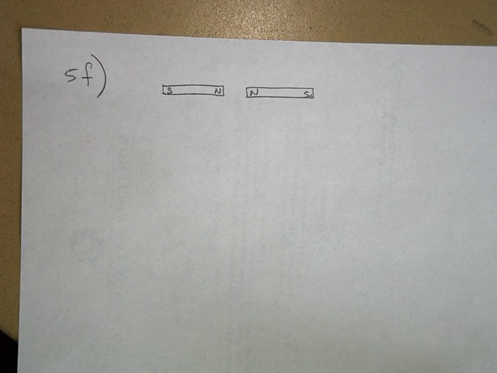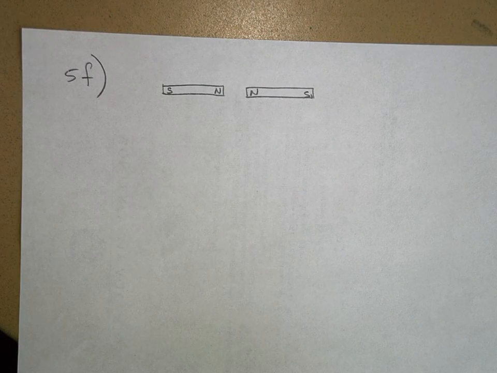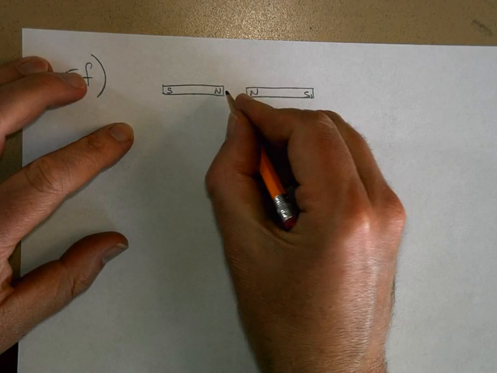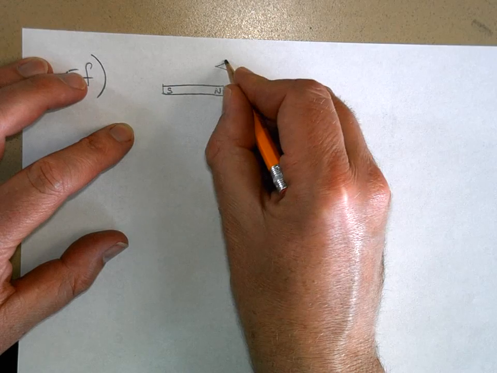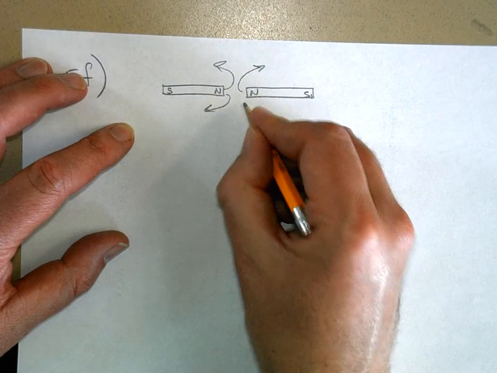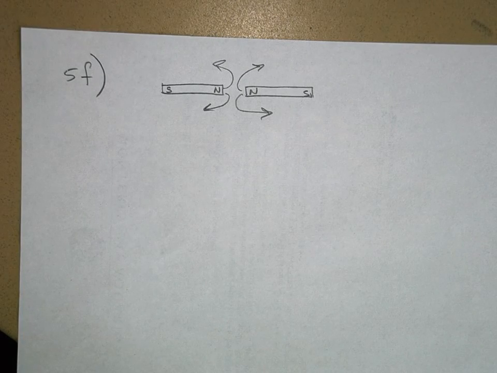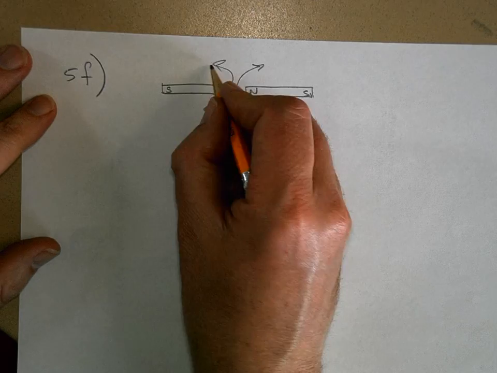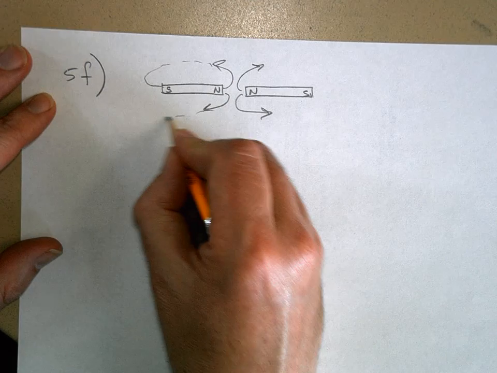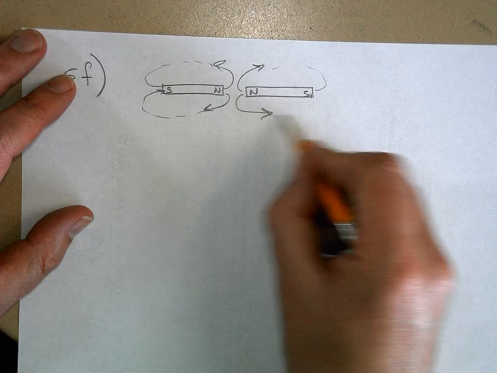They're going to be repelled. Like poles repel. It's kind of like charges repel, but it's different. The magnetic field lines are going to repel each other, run away, so they'll look like that. They actually go back into the magnet over here, but they repel.